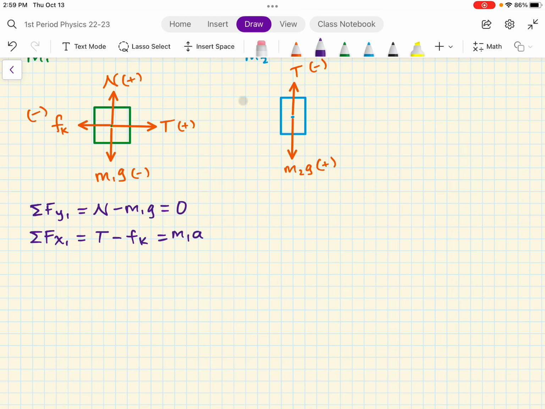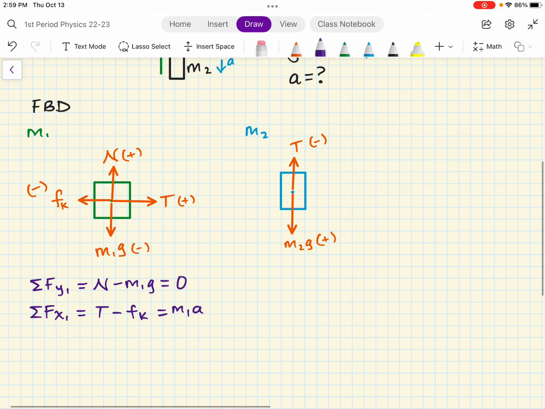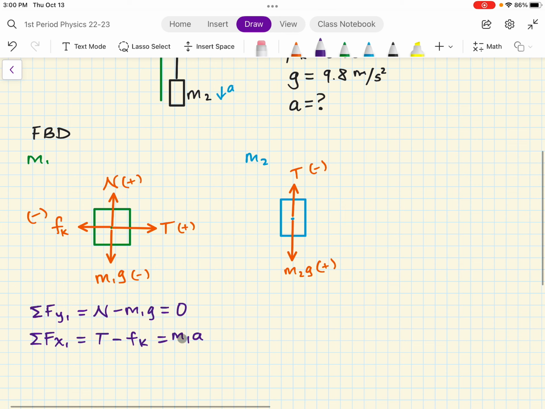We know this side cannot be equal to 0 anymore, because for the last one it was equal to 0 due to the fact that it was a static system. It wasn't moving. In this case, we have motion and we have acceleration. So we know this side has to be equal to mass times acceleration because of Newton's second law of motion. Net force equals mass times acceleration. We have an acceleration, therefore we should have a force.